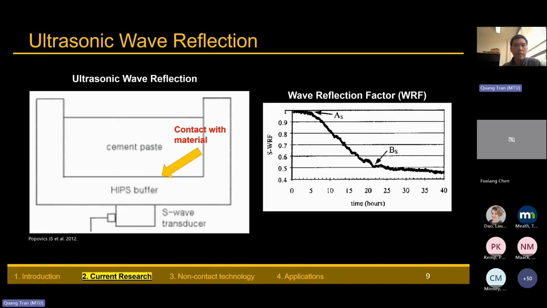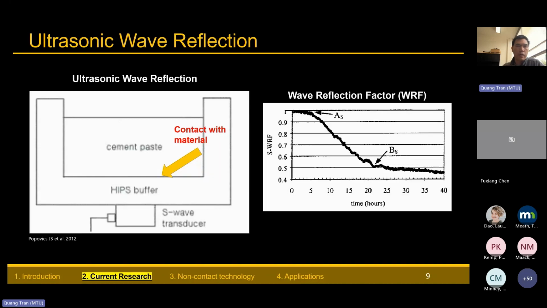Initially, when the cement paste is not set, or in the liquid phase, the wave generated from the transducer is not able to penetrate into the cement paste, because the bonding between the buffer, or the mold, and the material is not strong.